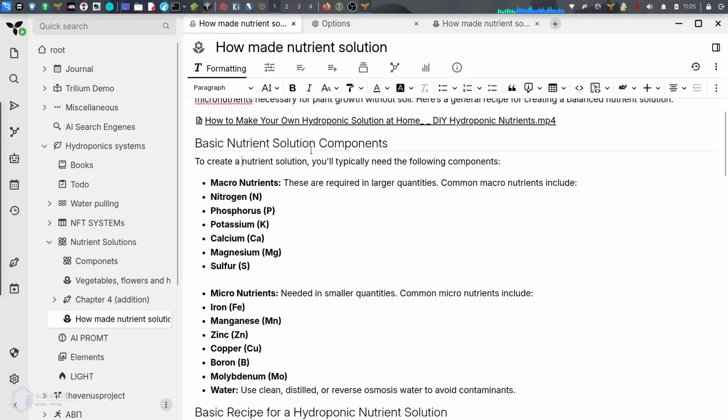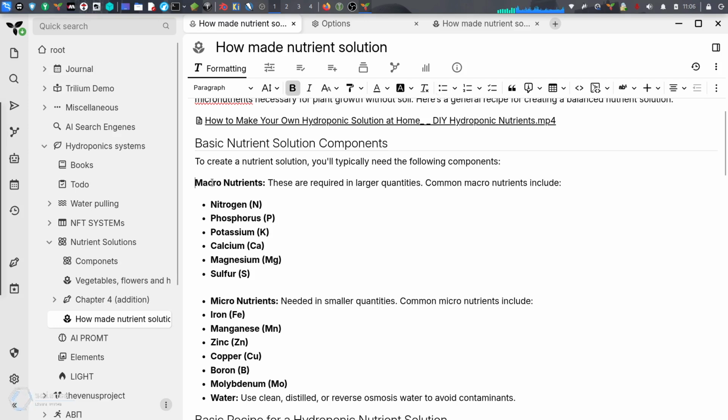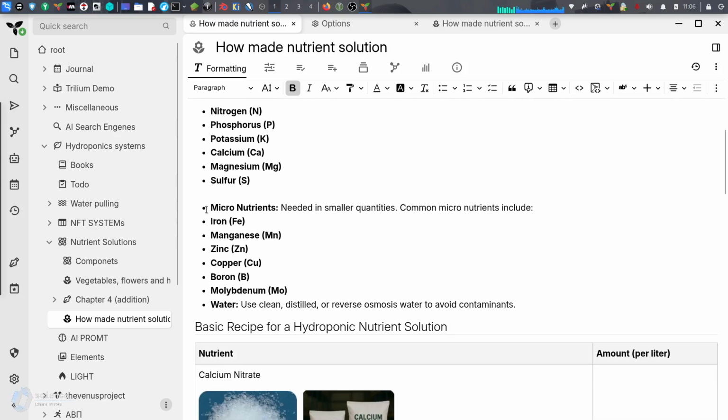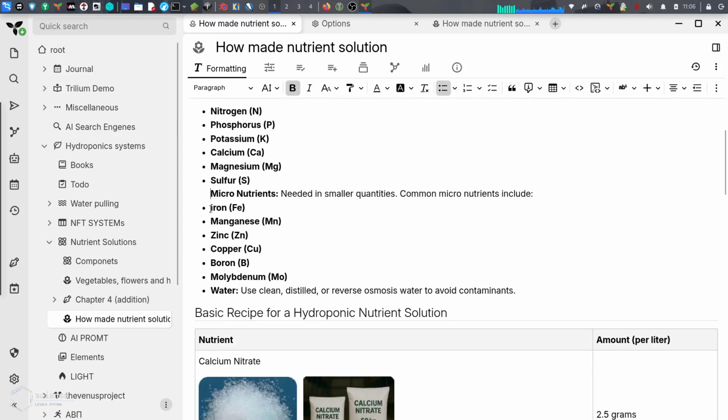Basic nutrient solution components. To create a nutrient solution, you will typically need the following components. Macronutrients. These are required in larger quantities. Common macronutrients include nitrogen, phosphorus, potassium, calcium, magnesium, sulfur. Micronutrients.